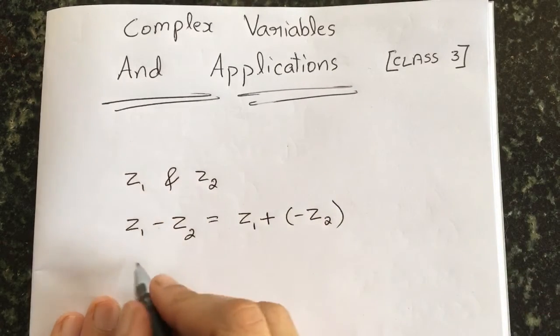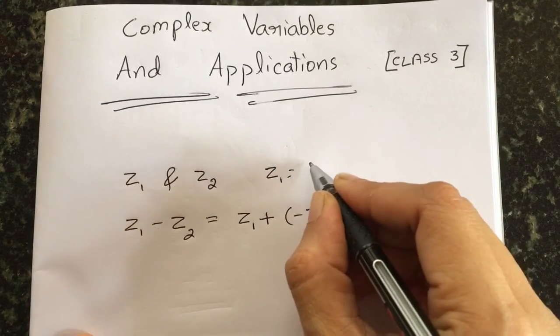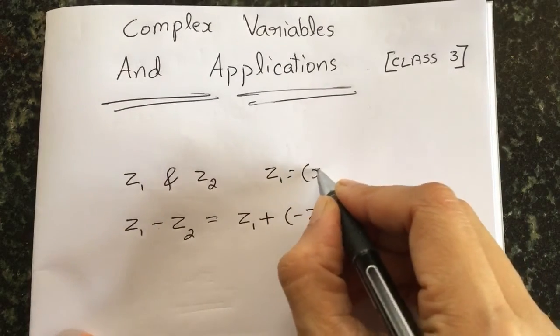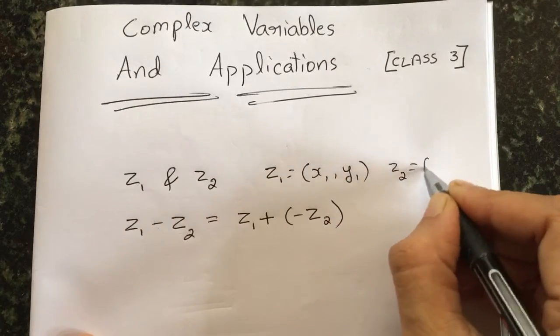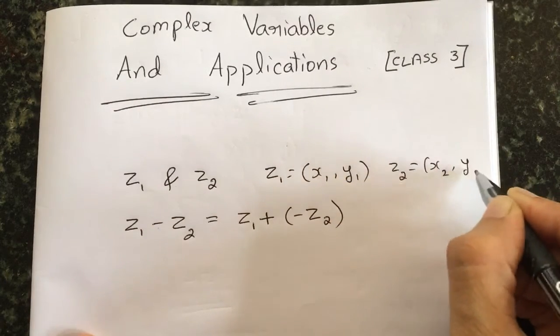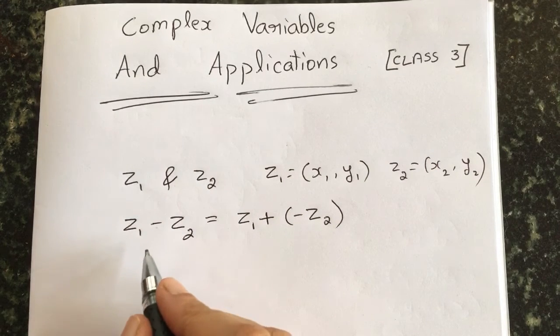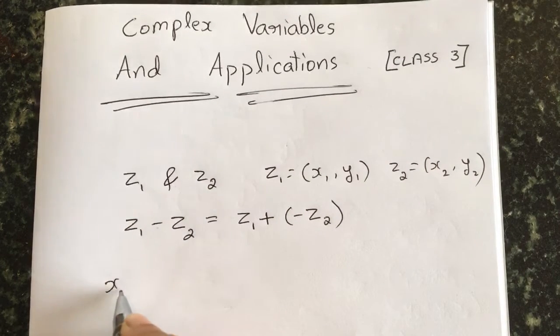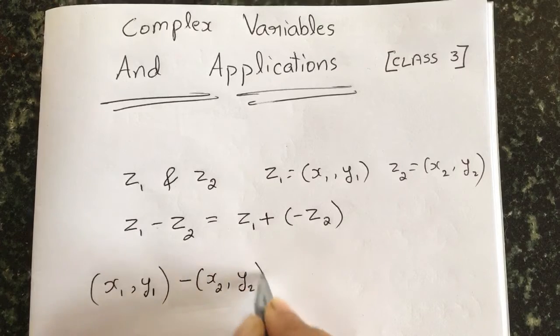Okay, if a complex number z1 is written in terms of an ordered pair x1 comma y1, and z2 is x2 comma y2, then z1 minus z2 is the same as writing x1 comma y1 minus x2 comma y2.